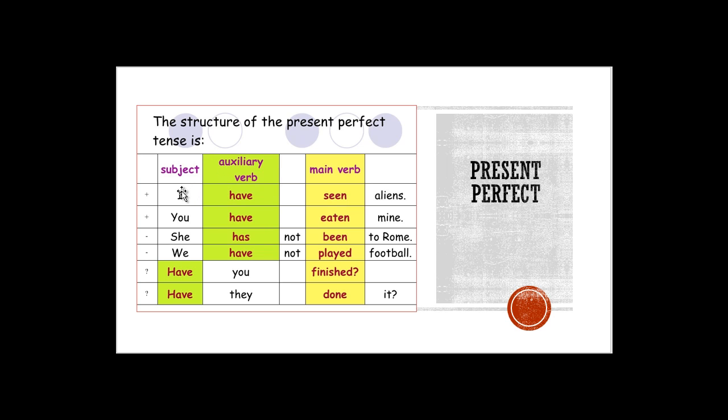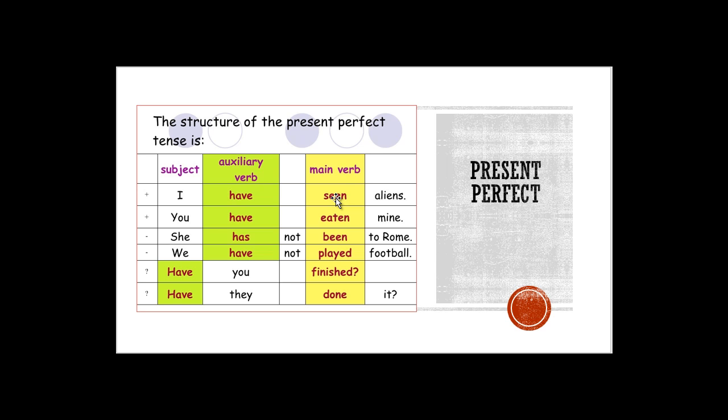The auxiliary verb goes for I, you with have, and they with have as well. And with she and he, we use has. Okay? And the main verb, guys, is in past participle. It means the third column of the verbs.